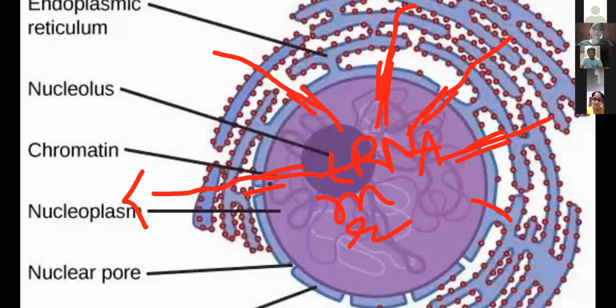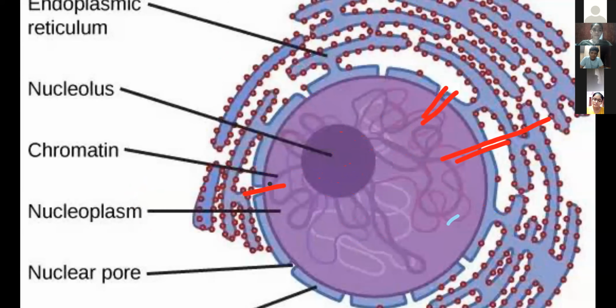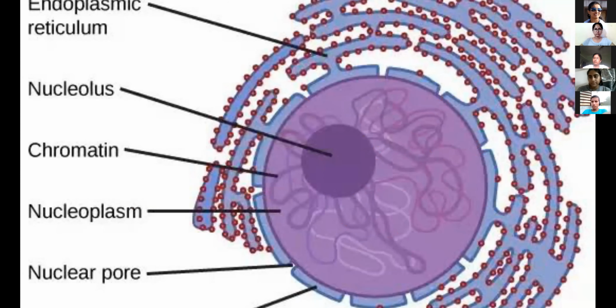Okay. चलो next. So nucleus का first component जो था that we have learned, nuclear envelope. Now the second thing, nuclear matrix.